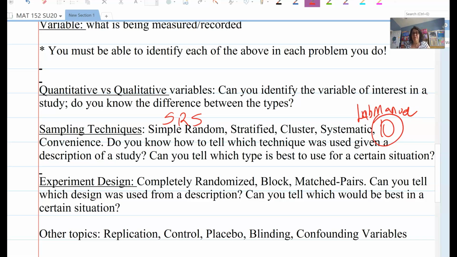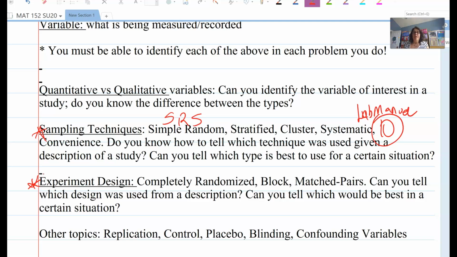So experiment design, that's the other thing. Oftentimes students mix those two, sampling technique and experiment design. Experiment design is the bigger perspective. You design an experiment, and in that experiment, you apply a certain sampling technique.